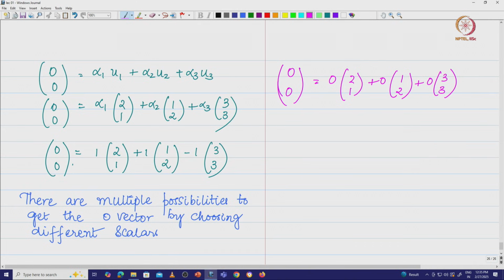Okay. So, with this understanding we bring in the idea of linear dependence. We are going to write a new term here, we are going to call linear dependence, or linearly dependent vectors.